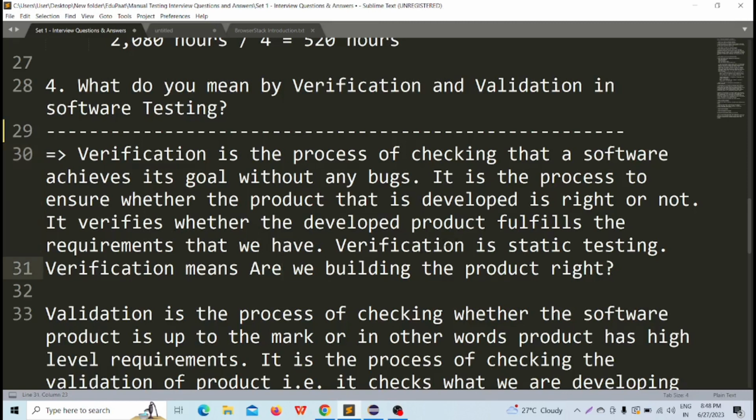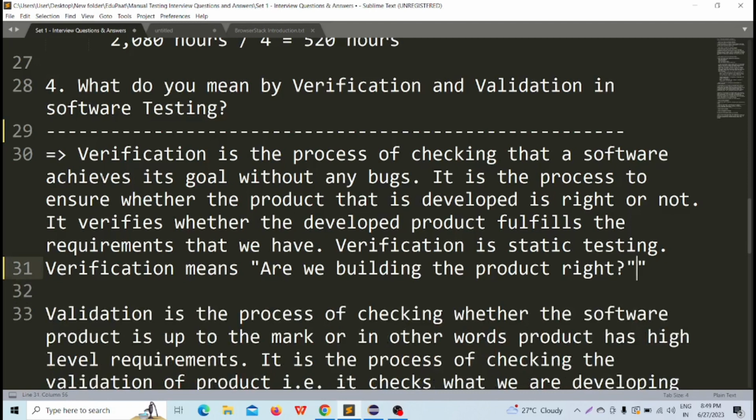Verification is basically static testing, and in simple terms we can say verification means, are we building the product right? That is verification.